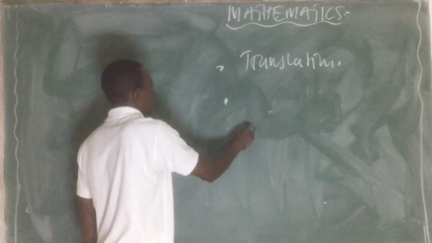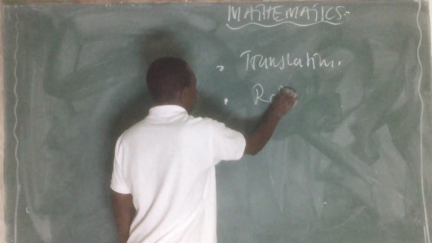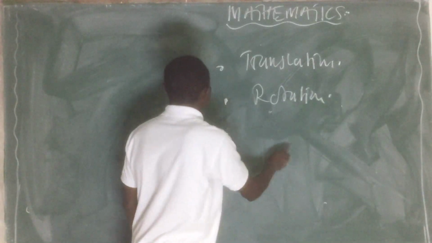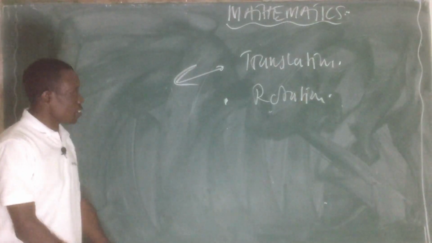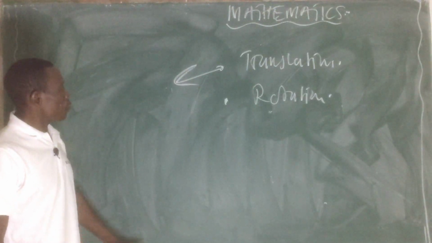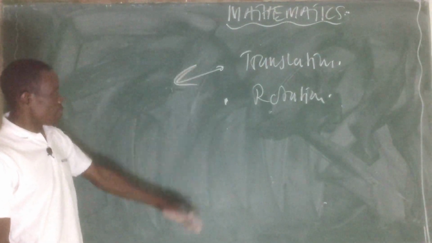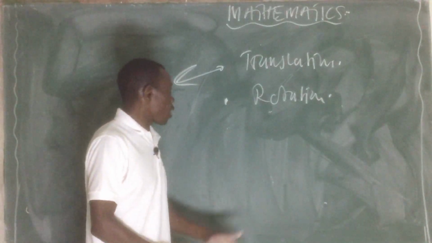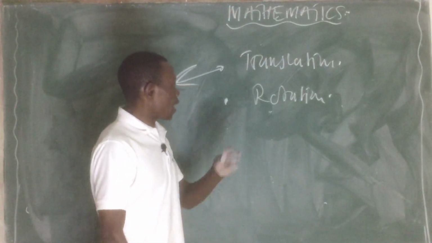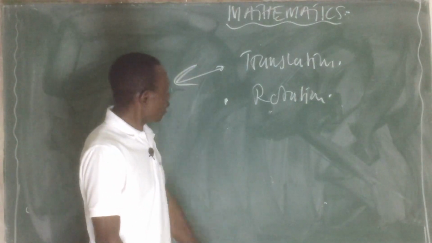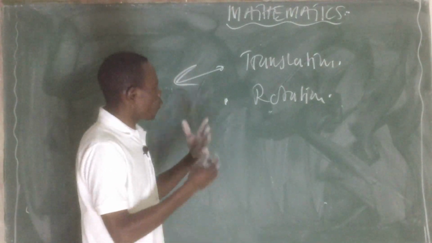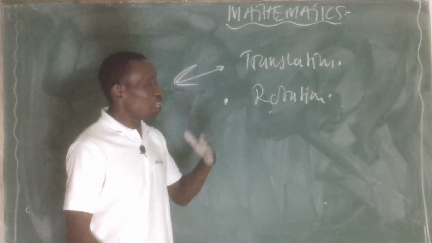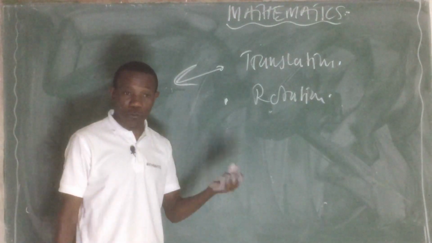Please remember what is involved in translation. How do we translate an object? This is simply a change of position. Remember what we highlighted initially about the column vectors involved, how we come up with that, and how that vector translates an object.